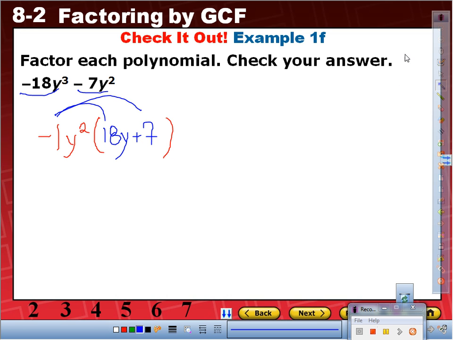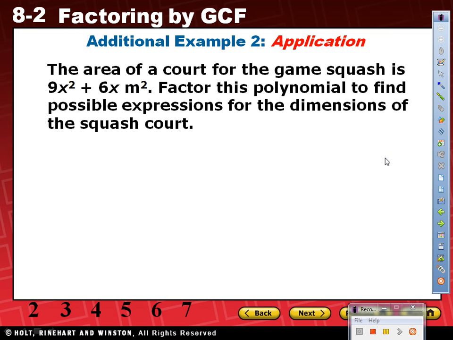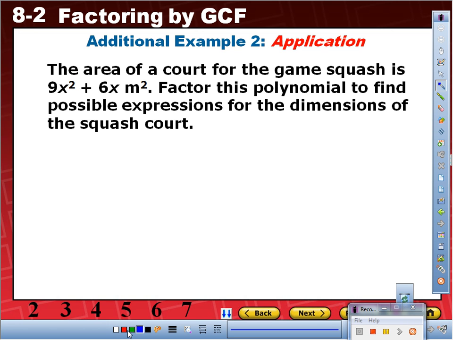Here goes, let's increase the steps. Here we go. Copy this down, please. Not the whole thing. Copy what I underlined. The area of a court is 9x squared plus 6x.